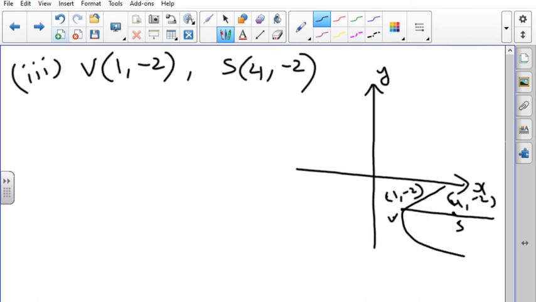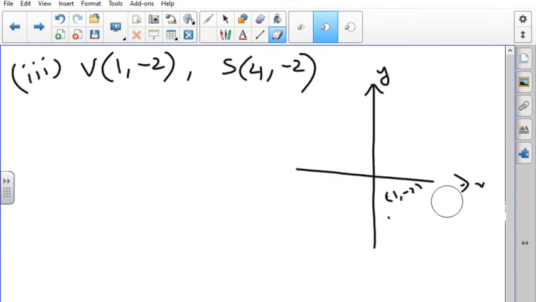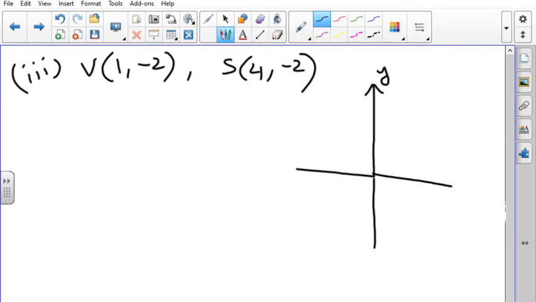So the parabola will be open rightward because it passes through the focus. So 1 comma minus 2 and 4 comma minus 2. This is the axis, the line of symmetry. So we have to draw the parabola like this.